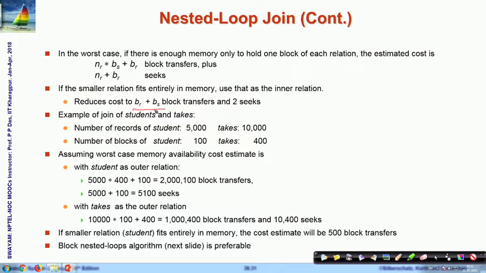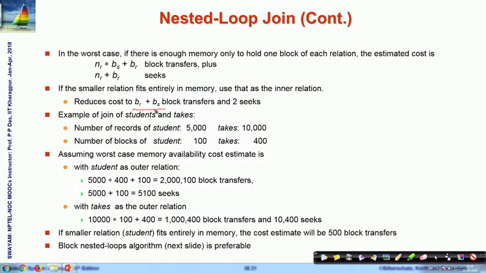You read the smaller relation once and put it in memory, and then you just read the other relation one block after the other. So, you are seeking only twice, once for reading R, once for reading S.